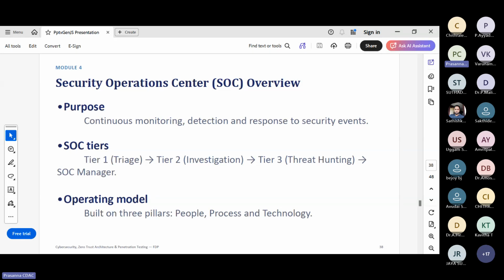There will be a tier 1, tier 2, tier 3 and a SOC manager. The triage team normally validates whatever has happened. Suppose you have an authentication failure, he will not immediately raise an alert. He will try to find out whether on the second and third attempt he was able to log in. But in the case of repeated failures, then only he will conclude there is some abnormality.